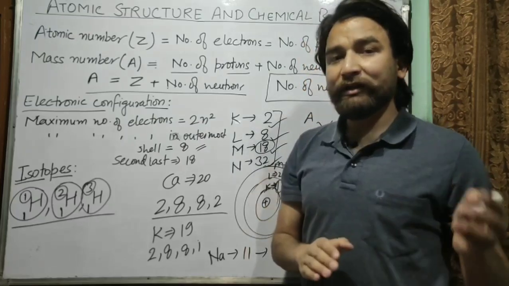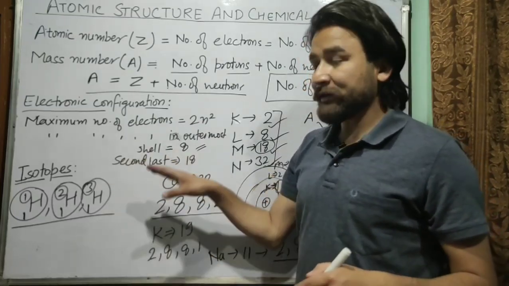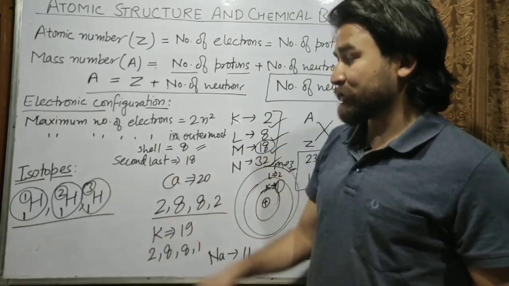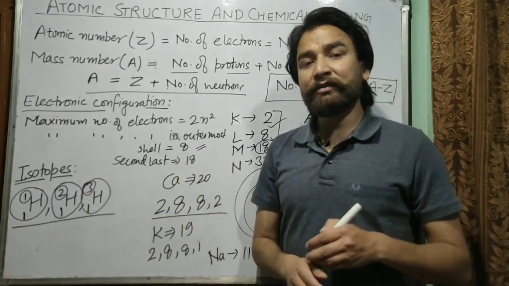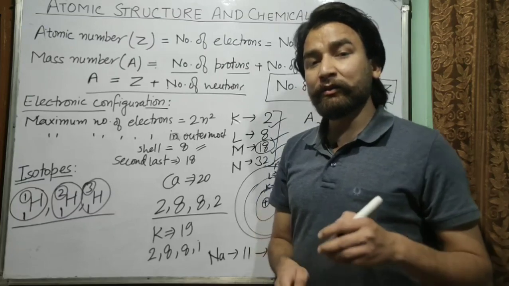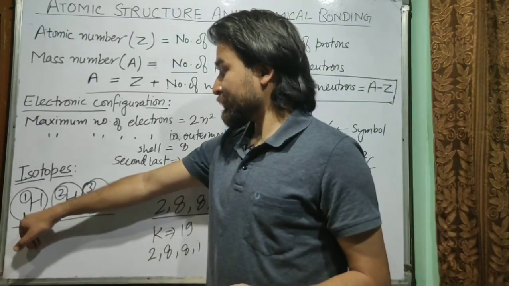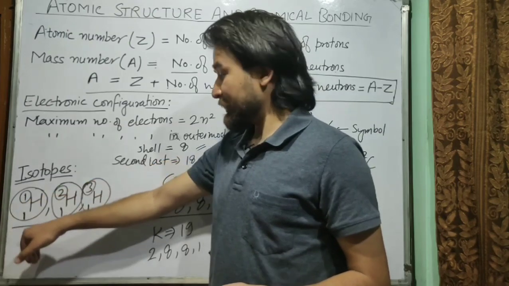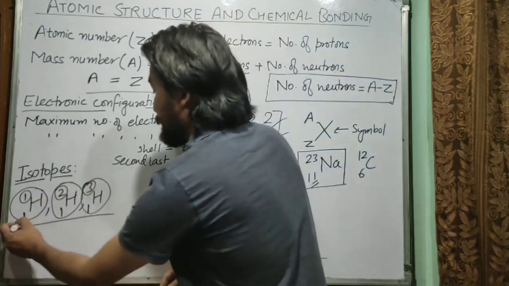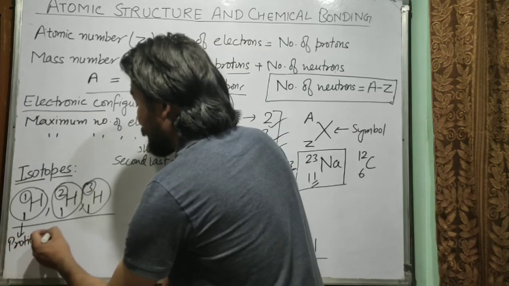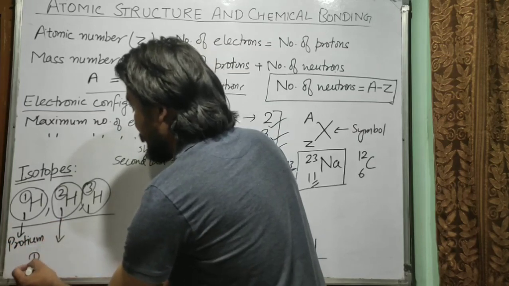It means we have a conclusion that isotopes have different numbers of neutrons. So you can calculate the number of neutrons in different isotopes. First of all, we will learn the names of these 3 isotopes, because their names can be asked in your examination. The first isotope, which has mass number 1, is known as protium. The second one is known as deuterium.